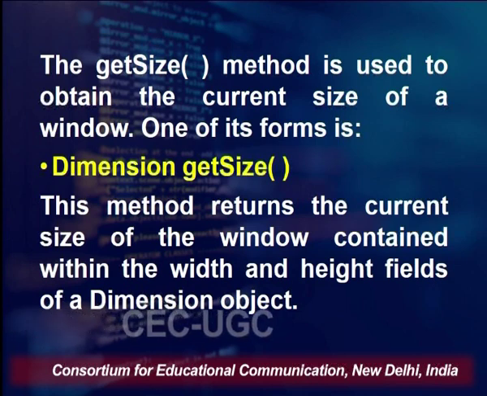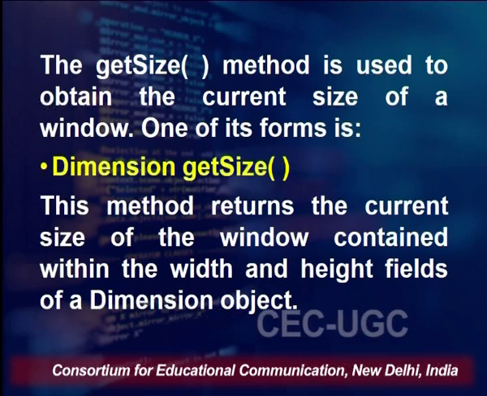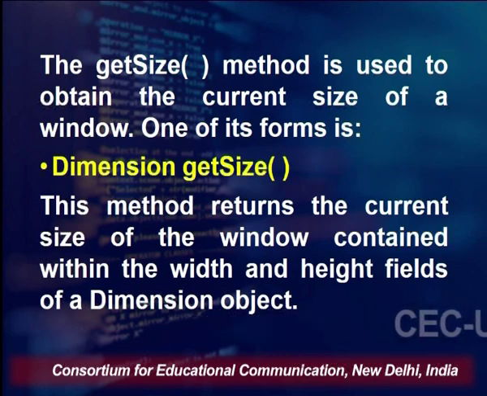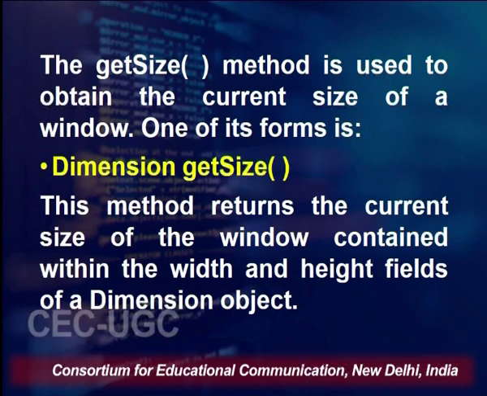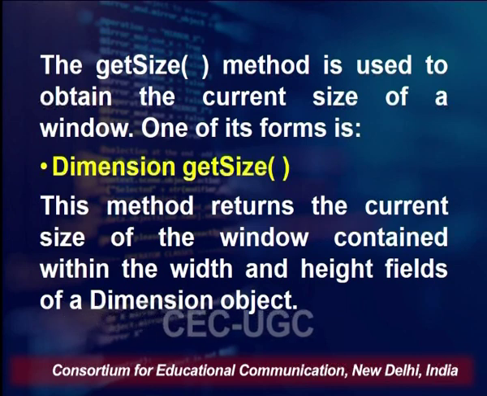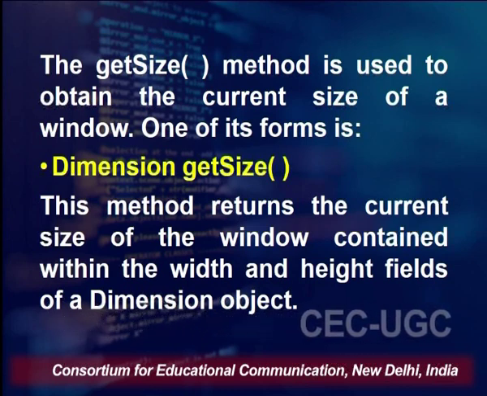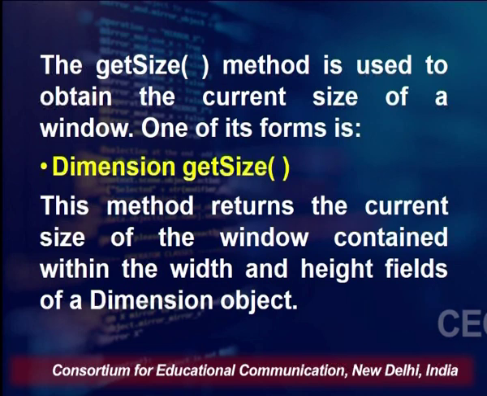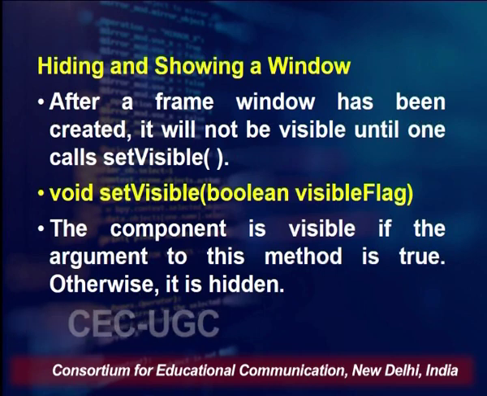So, this method will return the current size of the window contained within the width and height fields of a Dimension object. If you want to get a complete flavor of what this Dimension actually is, you need to look at the Dimension class and the corresponding objects also.